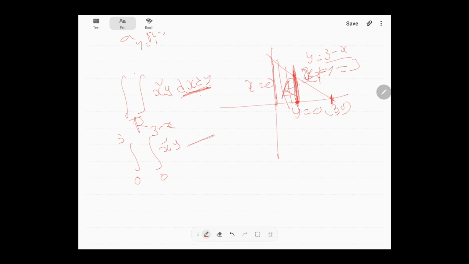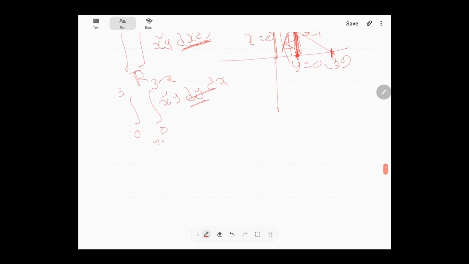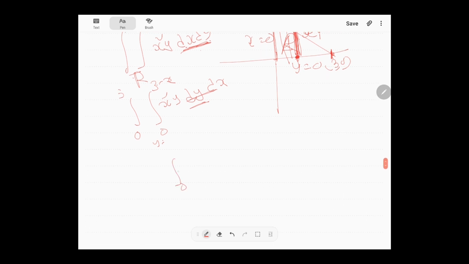And the order you need to write here is with respect to what variable you are doing the integration. You are doing the integration first with respect to y. These are the functions of x, which means they are the limits for y, and next x. While doing the integration with respect to y, treat x as constant, because for a given x, that means x is fixed, and you are taking the limits for y. What is the integral of x square y with respect to y? X square is constant.